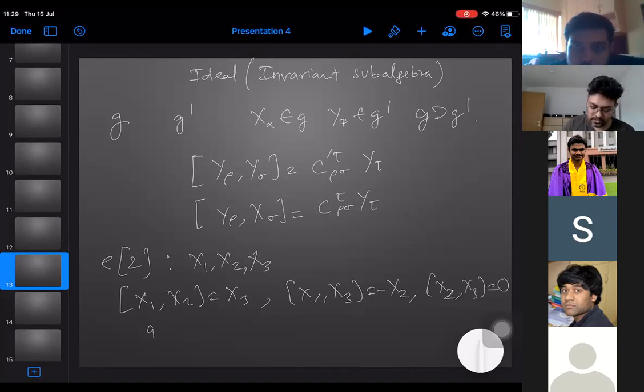So over here, your G prime has the elements x2 and x3. As you can see over here, this comes out to be 0, so this is an abelian ideal. Sorry, it's an ideal or invariant subalgebra. If they commute among each other, that is okay. Okay.